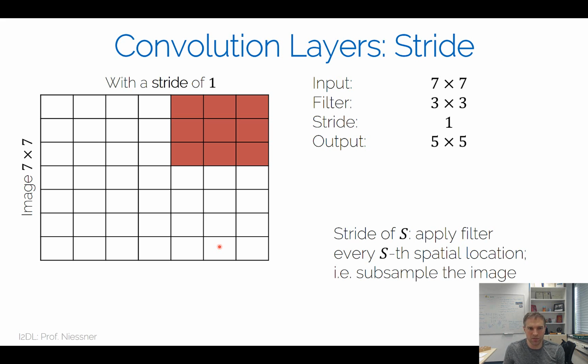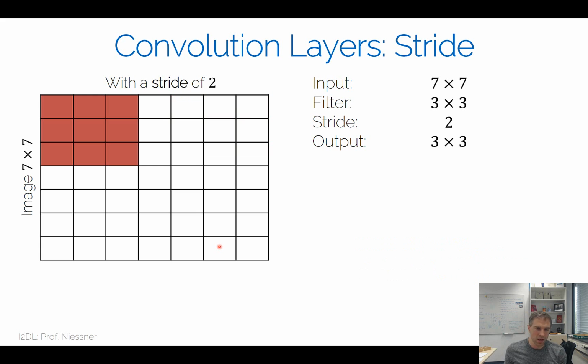What we have seen before was always using a stride of 1, meaning that for every possible location, we went ahead and applied the filter kernel. Now, you can just have a different stride. Stride just means how many filter locations I want to skip. So if I use a stride of 2, I'm not going to take the next kernel location, which would be here.